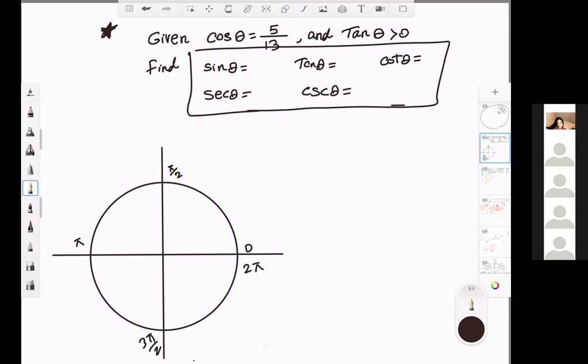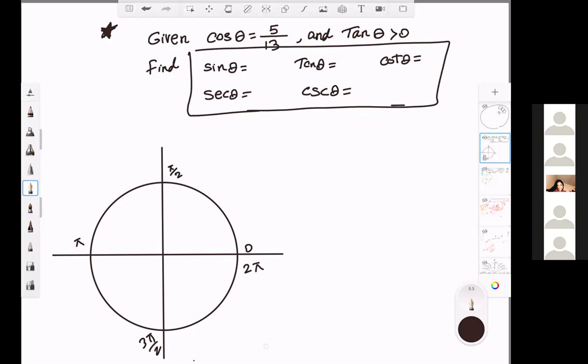What's the first thing we should do here? What's the first thing we did in the last two examples? Figure out what quadrant. Excellent.